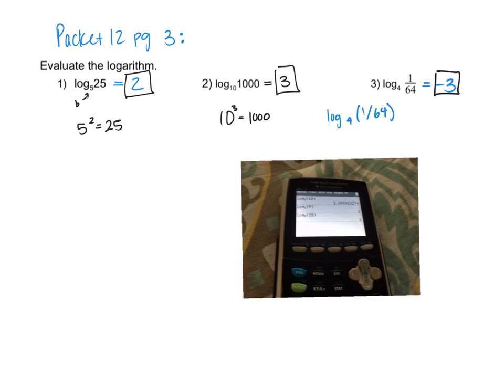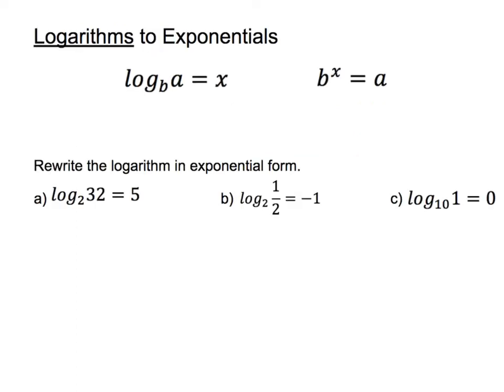Let's go into what logarithms are and how you reverse from a logarithm to an exponent. Logarithms, or logs, are the inverses of exponentials, or exponents. When you're switching from a log to an exponent, you want to ask yourself, what is the base of the log? The base is always the tiny number in the middle, and in this case, it's the b.